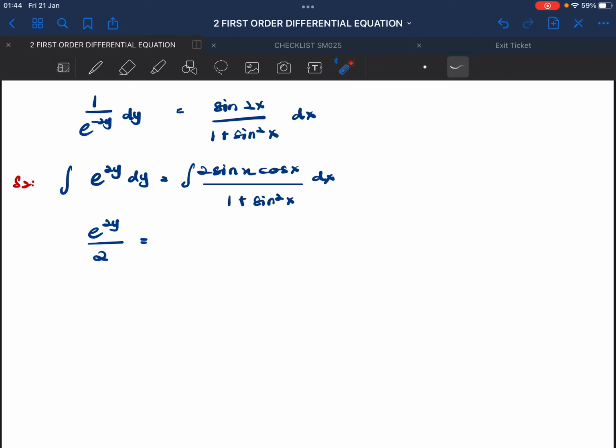So for this part we can use substitution. Okay, so we have u equals 1 plus sine square x. Your du is equal to, differentiate 1, we get 0. Differentiate sine square x, you can use the power rule, sine x squared.